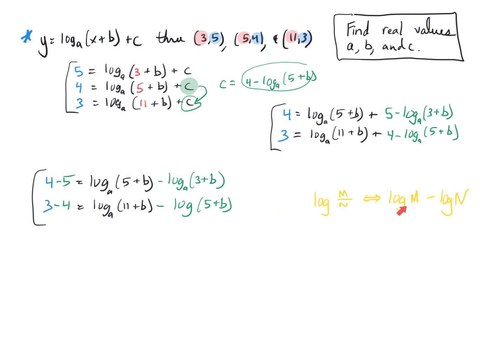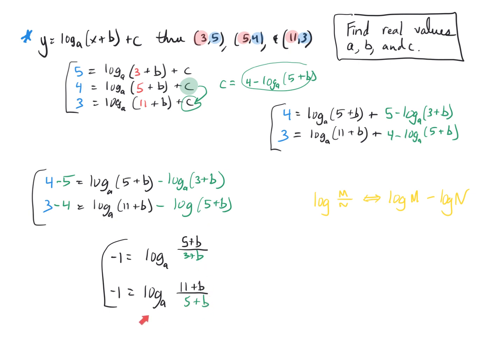So we're going to use this property going from the right to the left to rewrite the right sides. So we have -1 equals the single logarithm of the quotient of this binomial and this binomial. Same thing, -1 is, and we'll rewrite this difference of logs as a single logarithm of the quotient 11 plus b over 5 plus b.